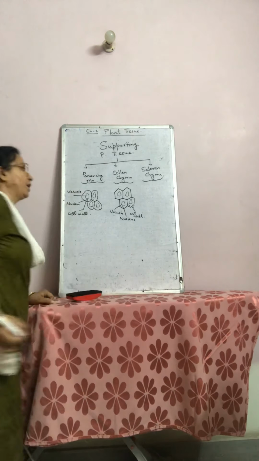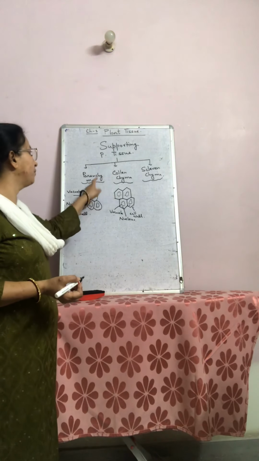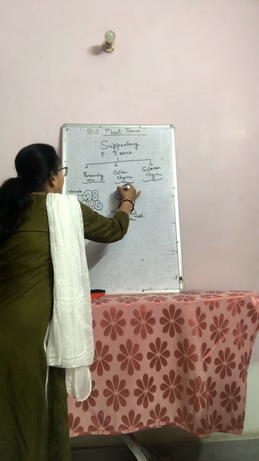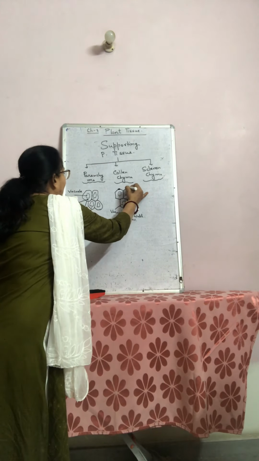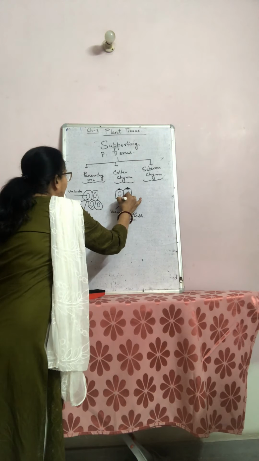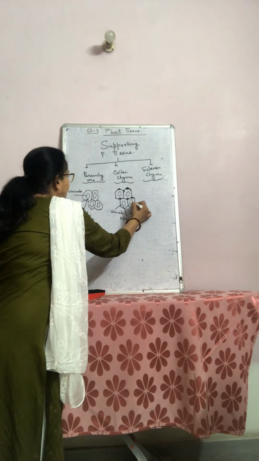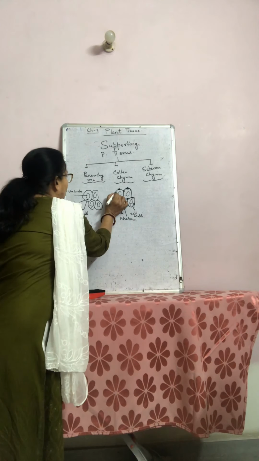This structure you can easily see, but they differ in structure from parenchyma because the cell wall has thickening of pectin at the corner. In each corner there is thickening of pectin. You can see in the diagram thickening of pectin along with the cellulose.